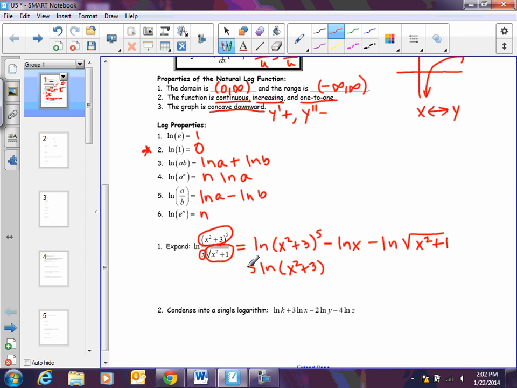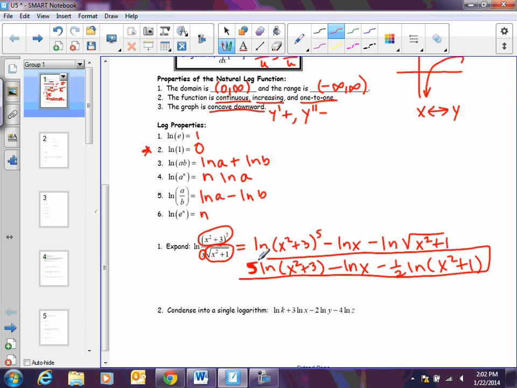Again, because derivatives are a lot easier when there's no powers involved. That middle term isn't going to change at all. What's going to become the coefficient on the last log? 1/2. And that's expanding it as far as you can go. And later we'll do derivative of that.